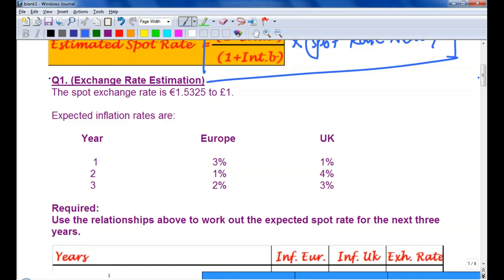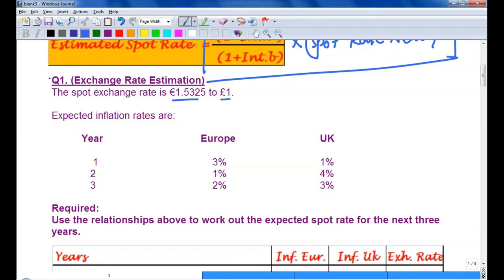For example, this is a question. Exchange rate estimations, Question 1. The spot exchange rate is euro 1.5325 to sterling 1. That is 1.5325 per sterling.